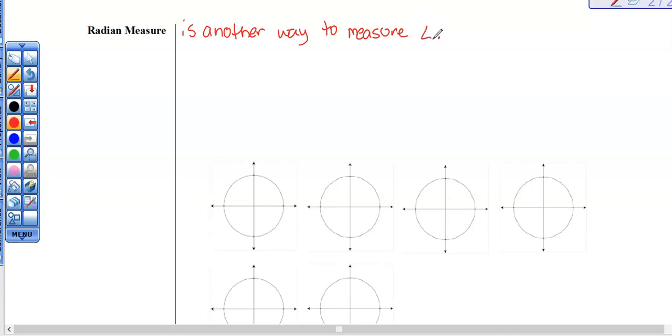And what we want you to do is convert to radians. Leave degrees behind. Convert to radians. Okay? Part of the reason is that radian measures or radians provide real number values.